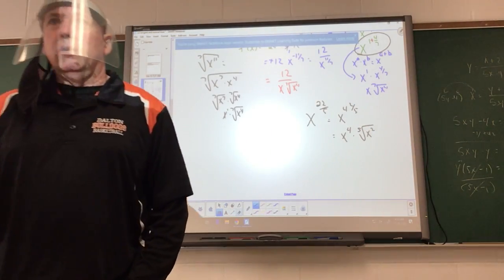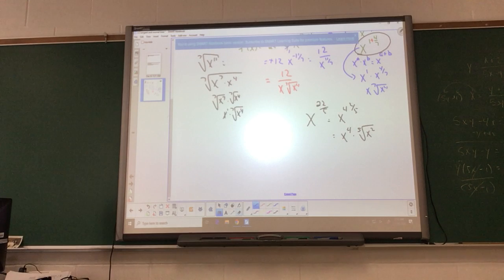A lot easier, because it's easy to get a mixed number out of an improper fraction. You've been there, done that since maybe even 4th and 5th grade. You change an improper fraction into a mixed number and back into an improper fraction. You've been doing that a long time.